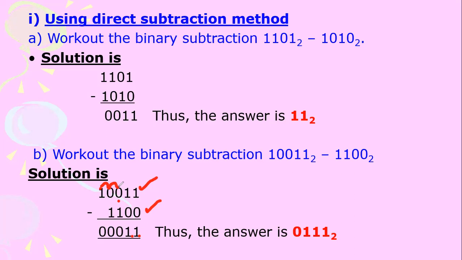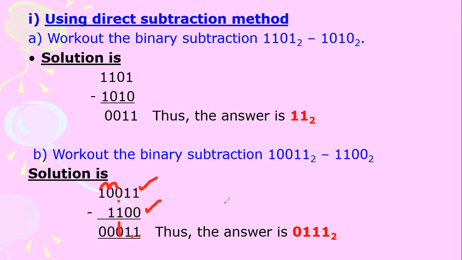1 carry 1. 1 carry 1 minus 1 gives us what? According to the rules of binary subtraction, 1 carry 0 minus 1 should give us a 1, not a 0.